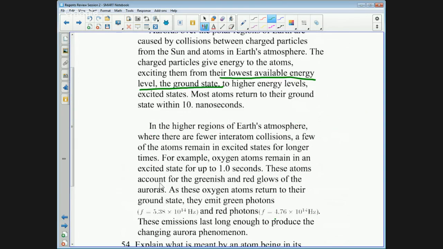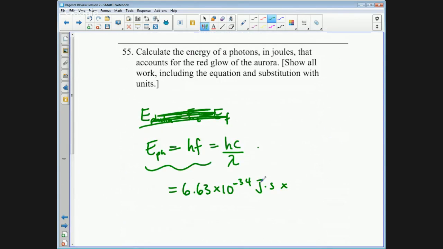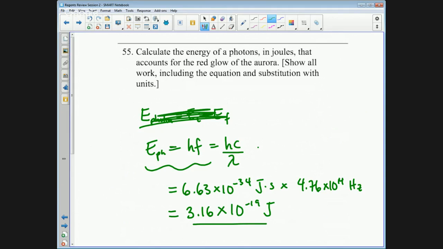The frequency given for red is 4.76 times 10 to the 14 hertz. This value that we get is 6.63 times 4.76, so approximately 3.16 times 10 to the negative 19 joules. Seconds and hertz are opposite units, so they cancel out, and we're left with joules.